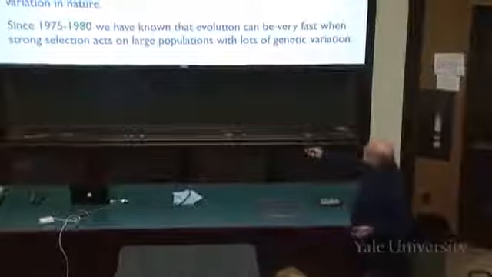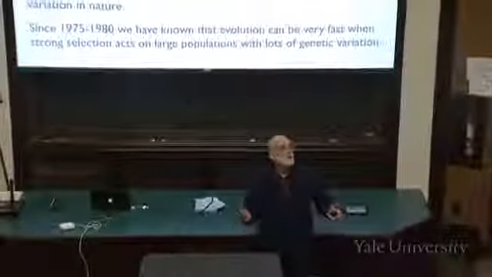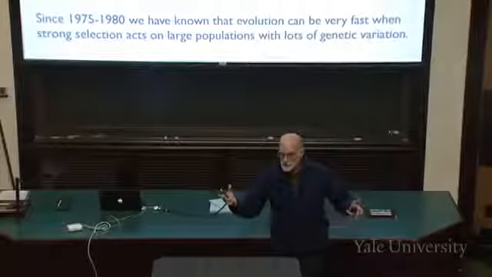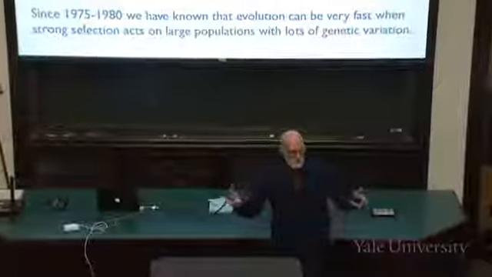So really the rate of evolution, and for example, the issue of climate change and global warming, will all the species on Earth be able to adapt fast enough to persist in the face of anthropogenic change on the planet? That issue is directly addressed by the things we're talking about this morning.